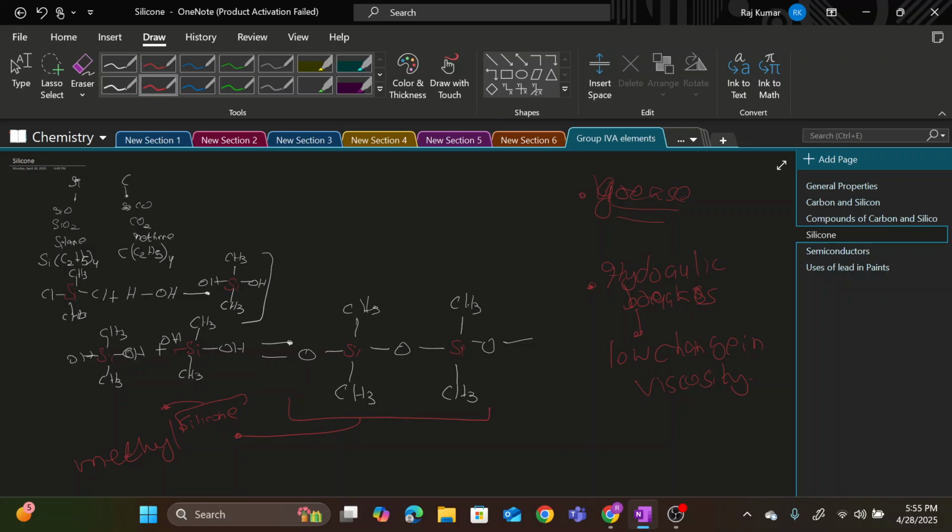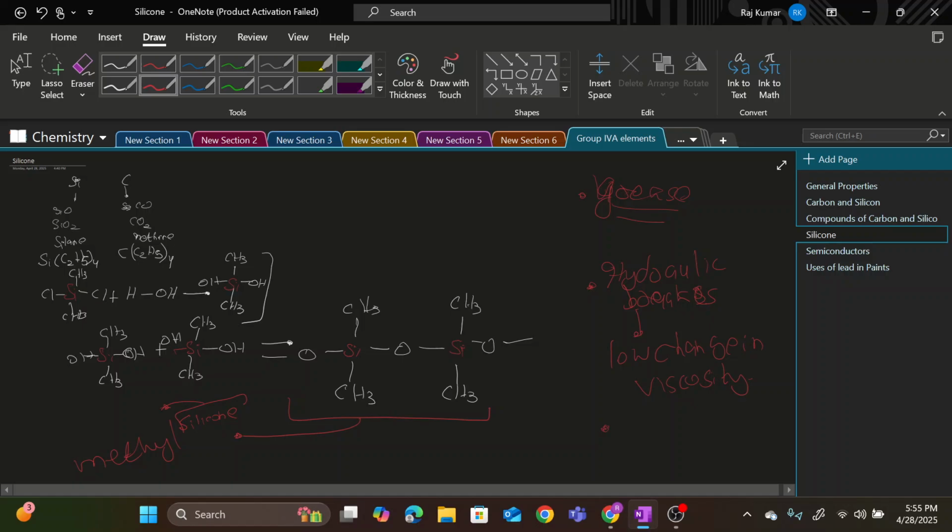But if we are going to increase the temperature of a methyl silicone by 100 centigrade, then it will decrease the viscosity by less than 4 times. So in that way it is more beneficial, as well as it is more resistant to reactions.